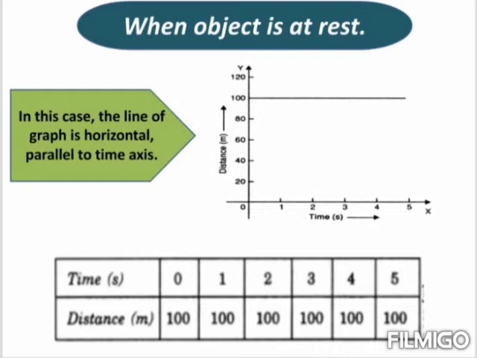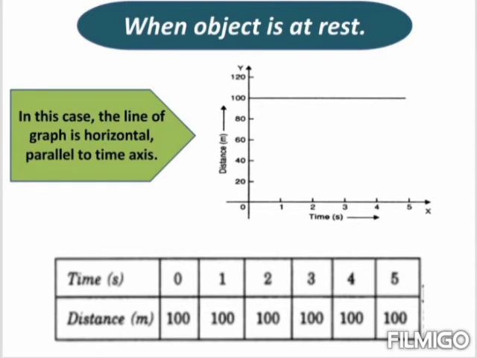It means there is no change in distance, or no distance covered by the object. So there is a straight line, and that line is parallel to the time axis or x-axis. Parallel lines mean two lines never meet each other at any point.